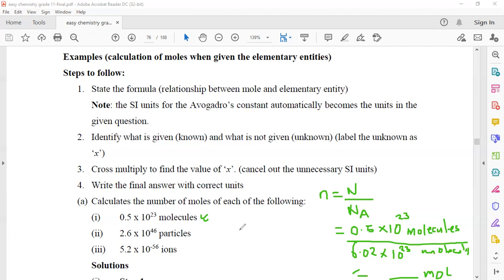Alternatively, we can go straight and use the relationship.